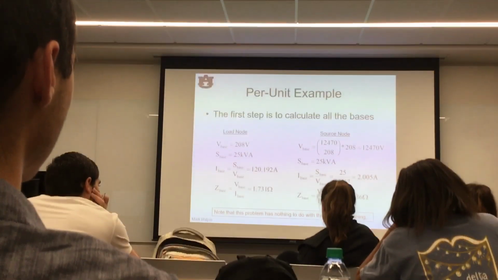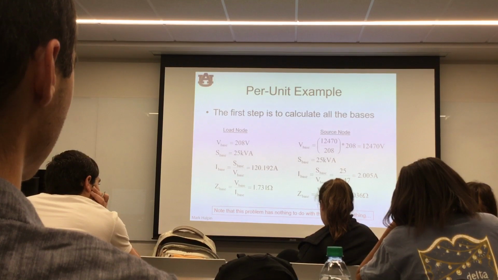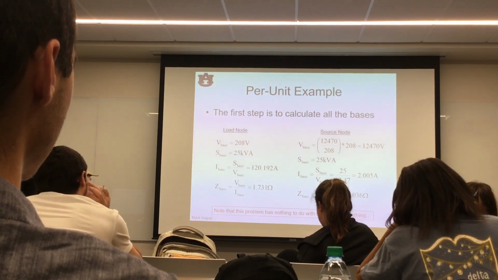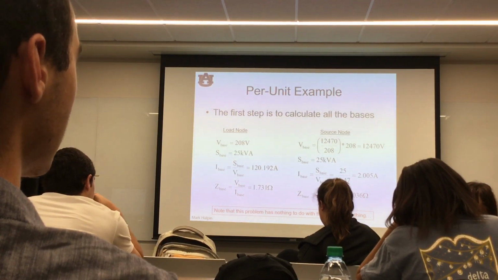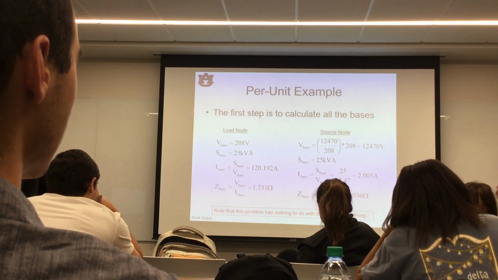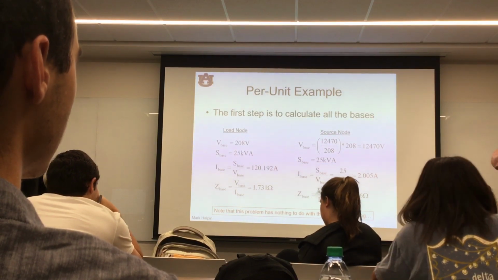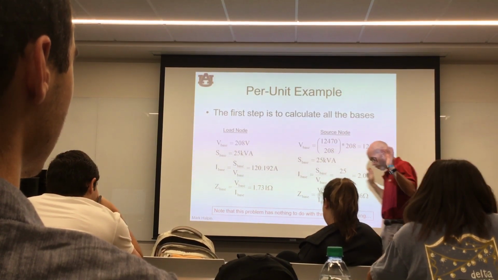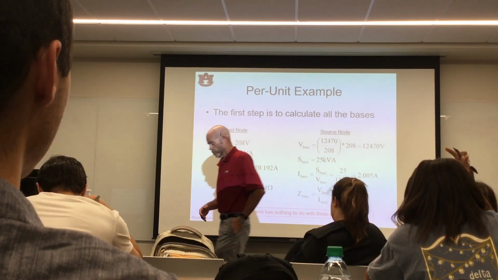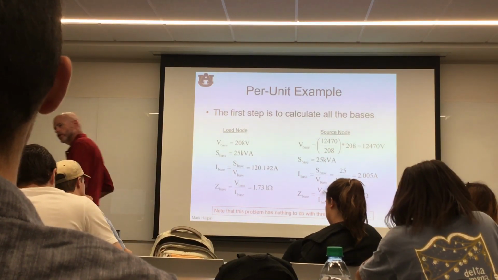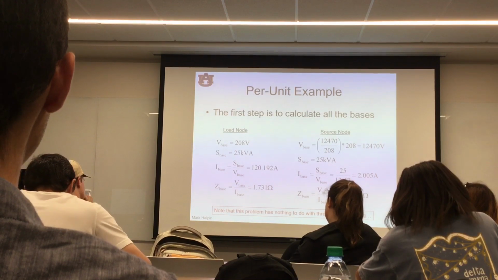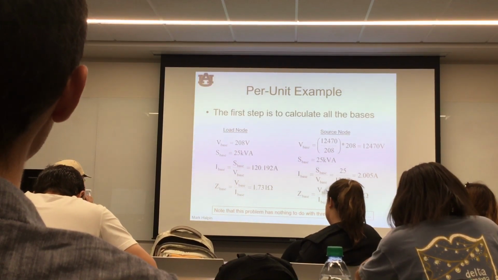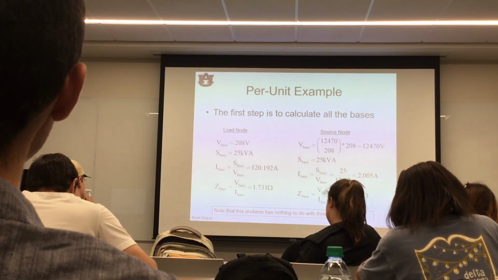So it makes sense to pick a voltage base for an application that means something, something we can relate to. If we're talking about an outlet, pick a voltage of 120. You don't have to do that. We could pick a voltage base of 240.